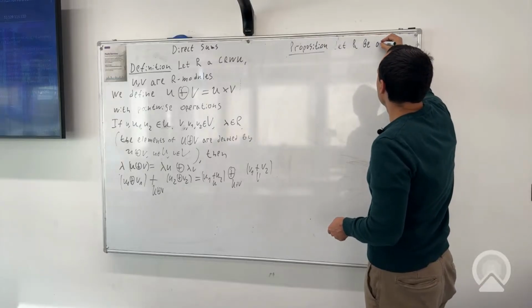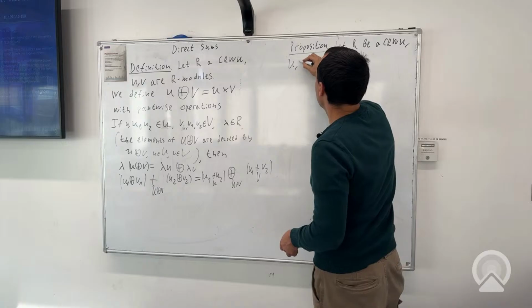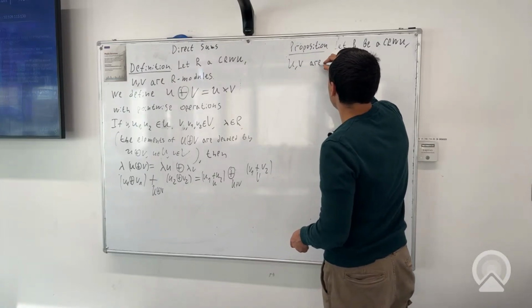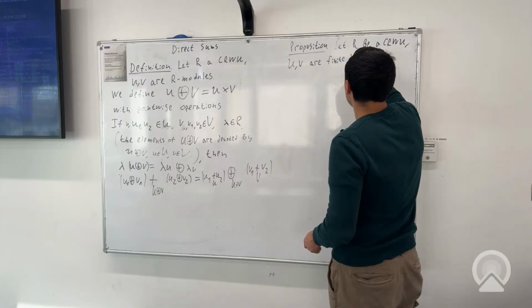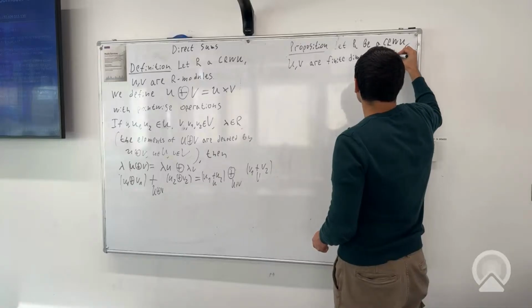So let R be a commutative ring with unity, and U, V are finite dimensional R-modules.